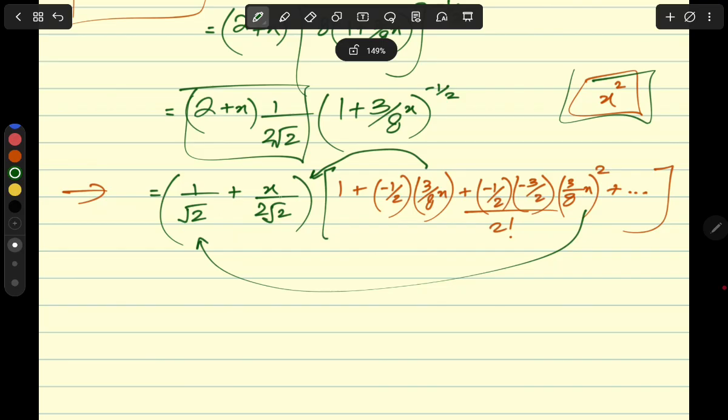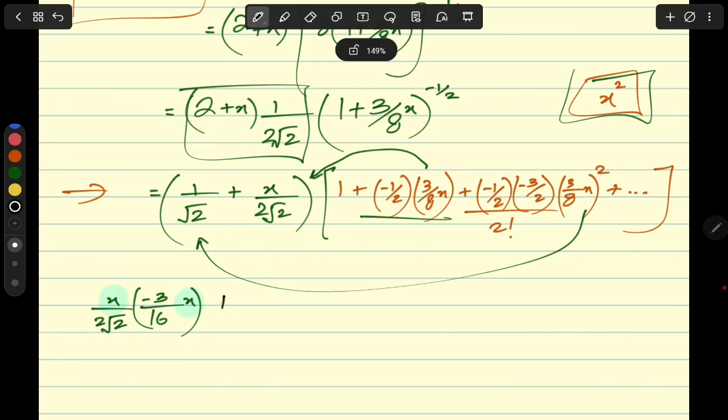So now if I do the x terms first, this becomes x over 2 root 2 multiplied by minus 3 over 16x. See how this will give us our desired x squared when two x power 1s multiply together.